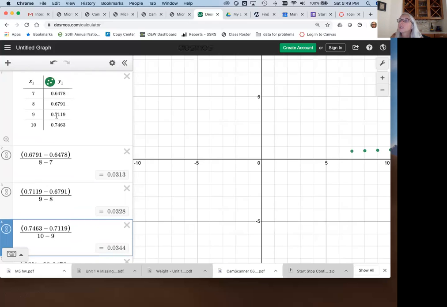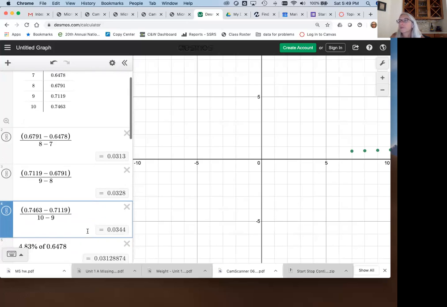So not only is the function itself increasing, but the rate at which the function is increasing is also increasing. So let me say that one more time. We do not have a constant rate of change. We have a rate of change that is increasing. The amount that I add on each time is getting larger and larger with each additional year that goes by.